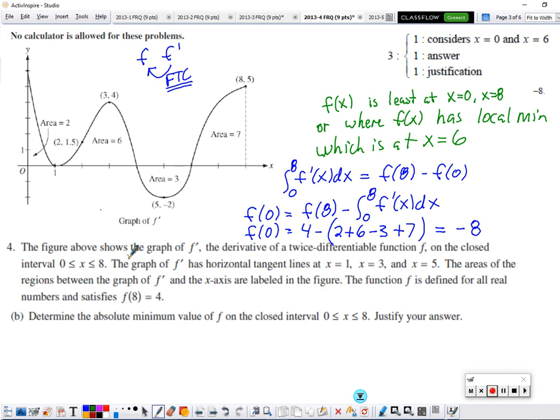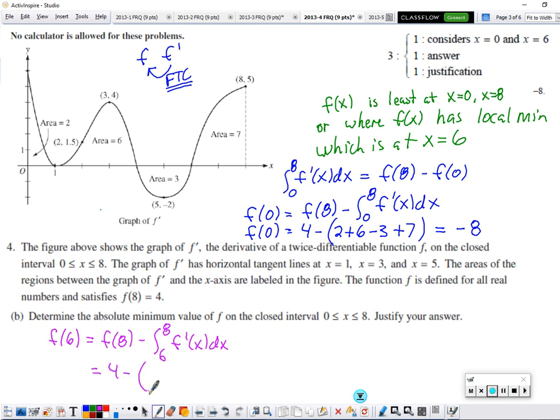So we need to find f of 6 now. So f of 6, using the exact same logic, would be f of 8 subtract the integral from 6 to 8. So that's going to equal 4, subtract, parentheses.